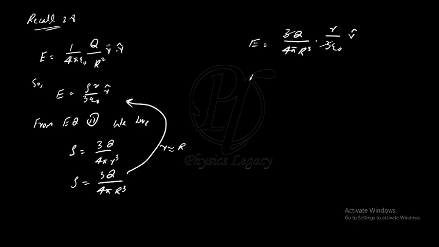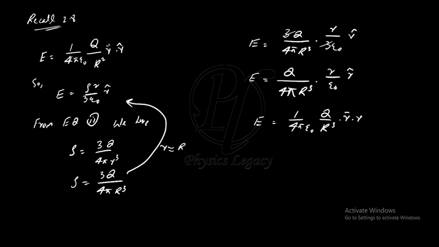We have E is equal to q over 4 pi R cube into r epsilon naught r unit vector. So E is equal to 1 over 4 pi epsilon naught q over R cube into r vector into r unit vector.